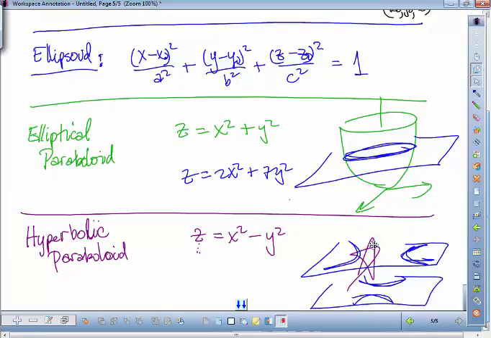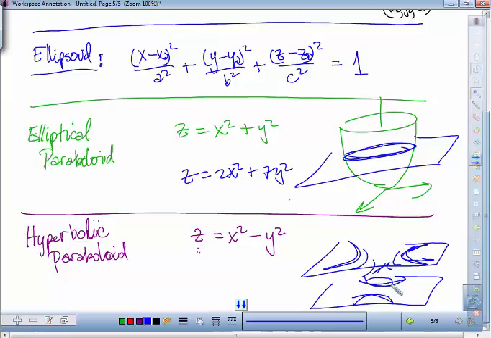Let's take this star out of here. See it? Everybody tilts their head to the right. No, that's not going to help.